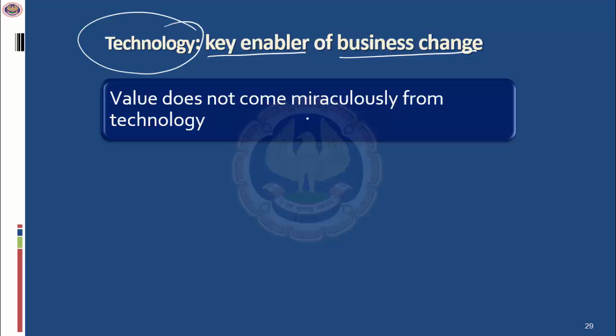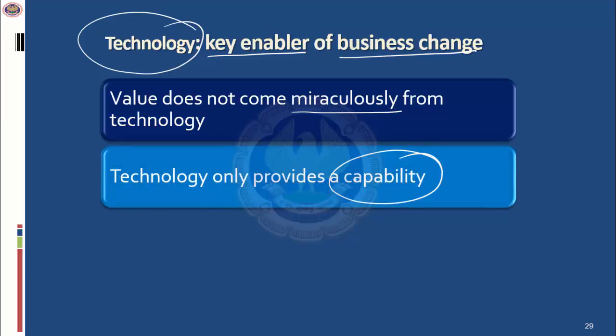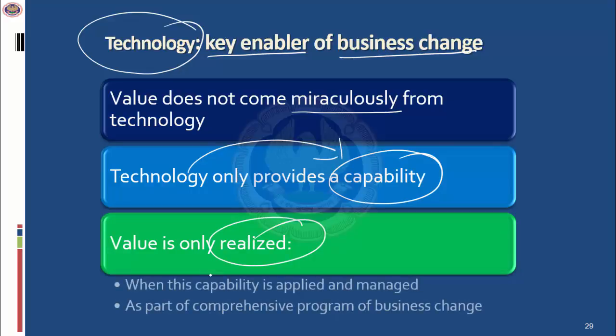Value does not come miraculously from using technology. Technology only provides a capability, and value is realized in enterprises by having the right processes and systems in place, which means you need to ensure that this capability is applied and managed.